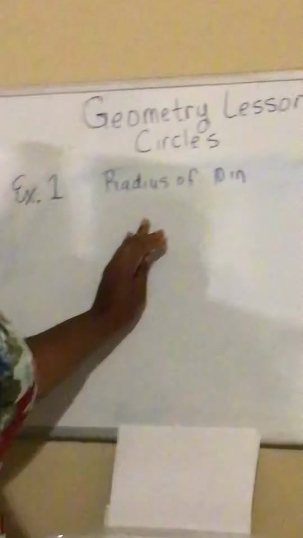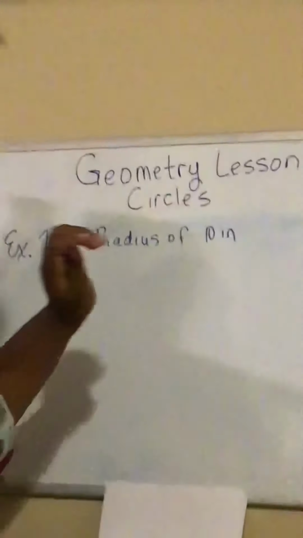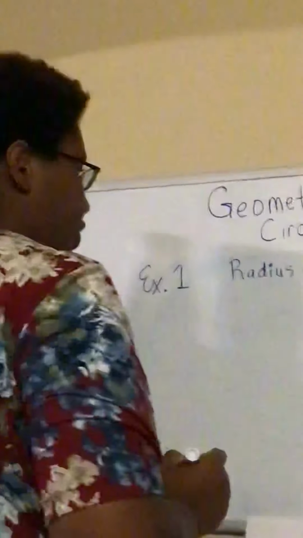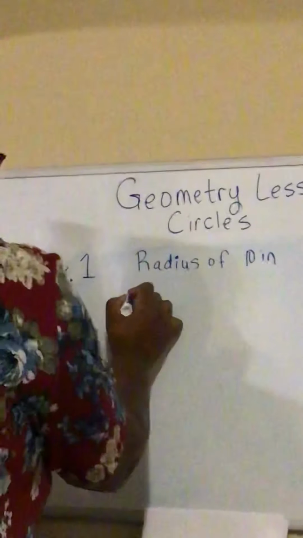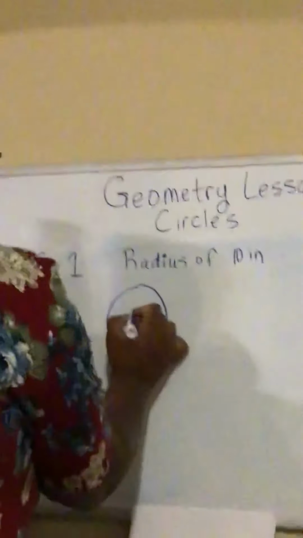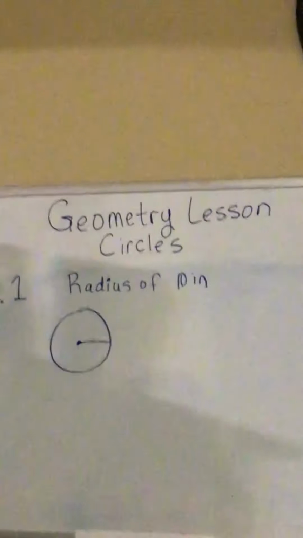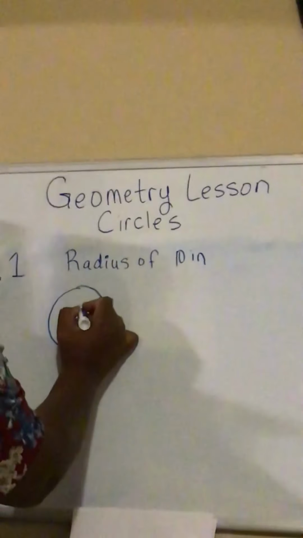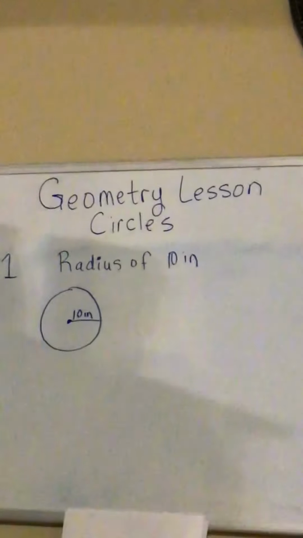All right, so my first example problem is going to have a radius of 10 inches. And this is a circumference problem, okay? So with a radius of 10 inches, I am going to actually draw this. I'm going to draw a circle, put my center vertex, and draw my radius line, and I'm going to write 10 inches in here, okay?